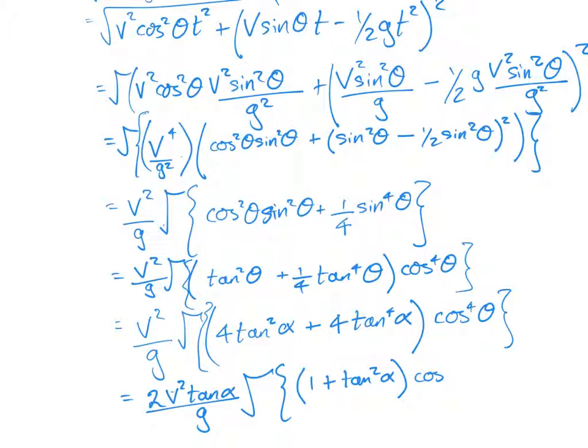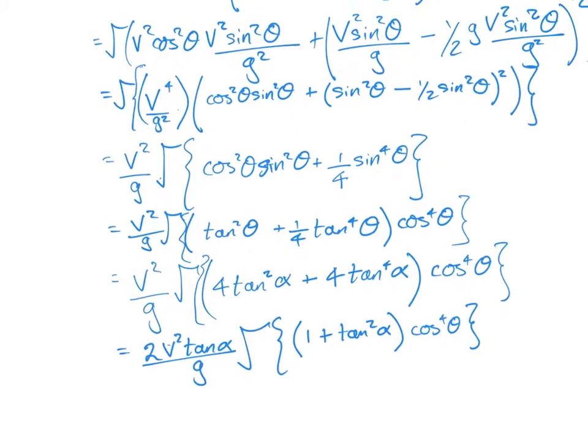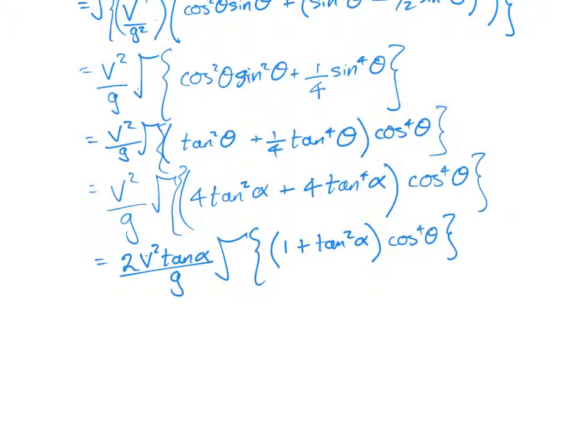Now, this is where I'm going to have to use some algebra that's beyond a bit of M1, the trig identities, but it's within core 4.